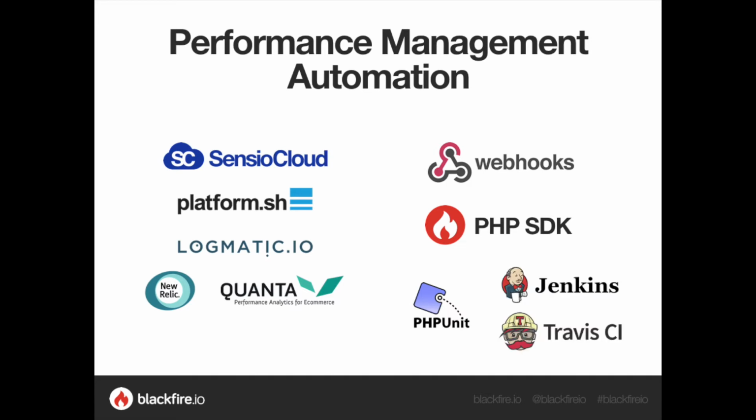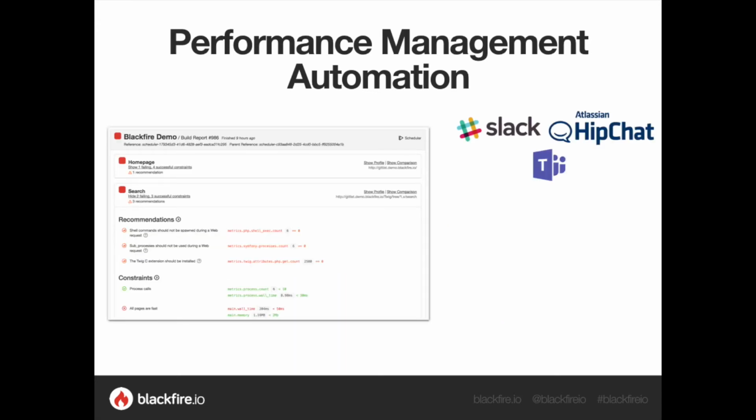So if you're using Jenkins or Travis CI, you'll be able to add Blackfire tests to your continuous integration workflows. As soon as a build report is available, the team can be notified if something went wrong, right where they need it. We support a wide variety of integrations, for instance with chats such as Slack, HipChat, or Microsoft Teams.